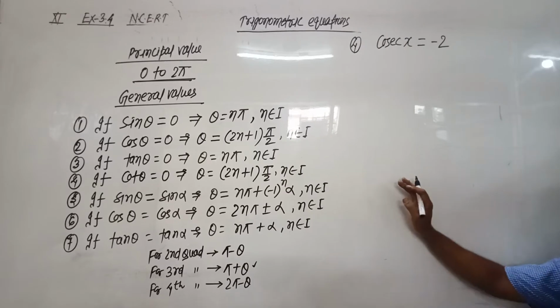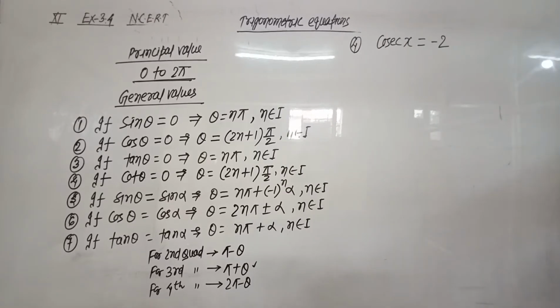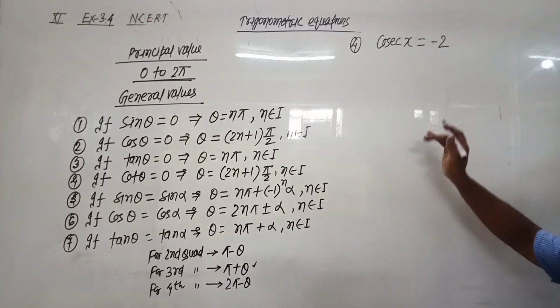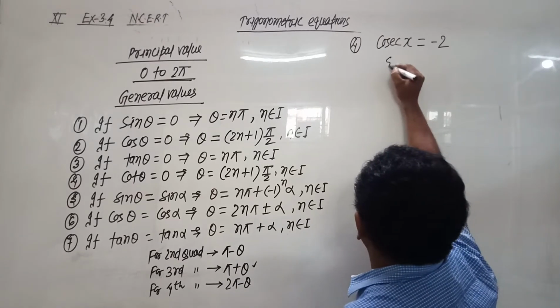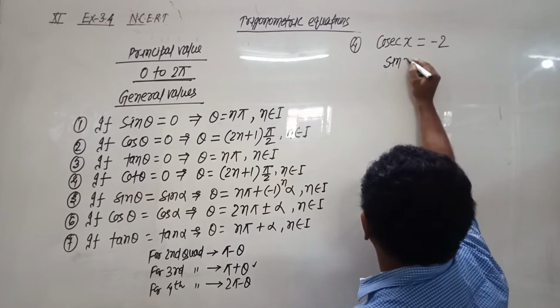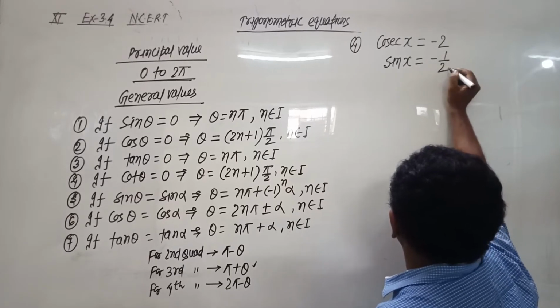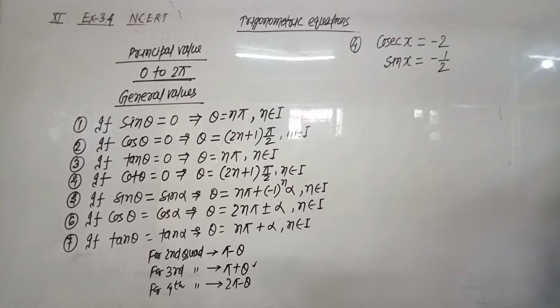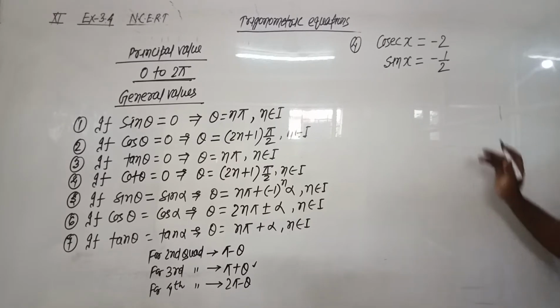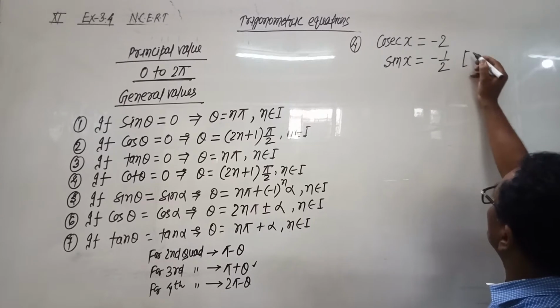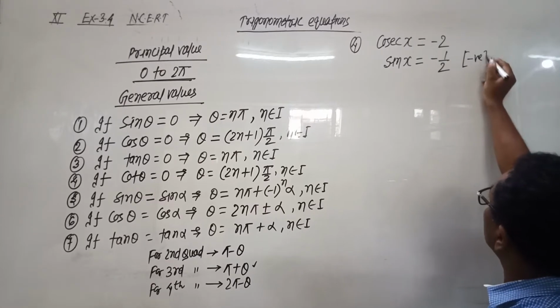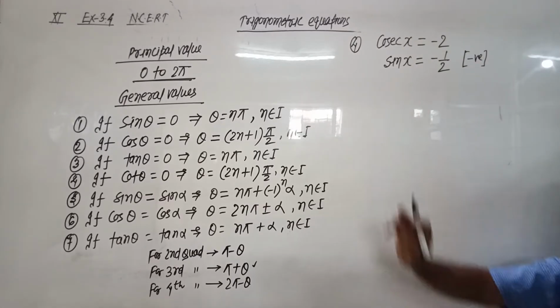Firstly, cosec x is converted into sin x. If cosec x is minus 2, then the value of sin x becomes minus 1 by 2. Now the value of sin x is negative, so we have to determine in which quadrant sin x is negative.